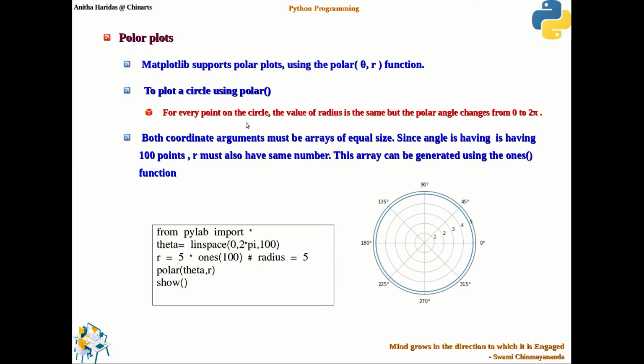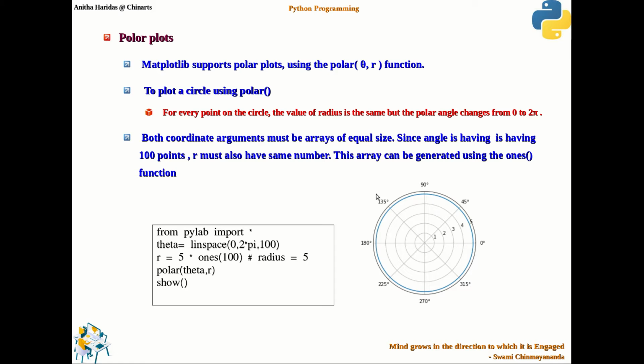So this example shows how you can plot a circle using polar, because in a circle, with the same radius from 0 to 360 you will be plotting the dots, right? That is how we draw a circle. The radius will be the same, starting from 0 to 360.